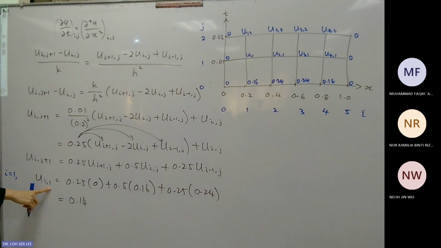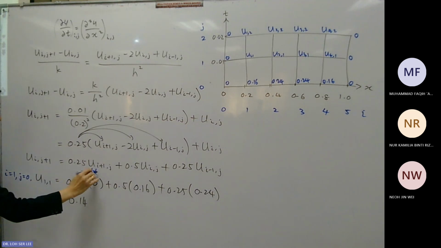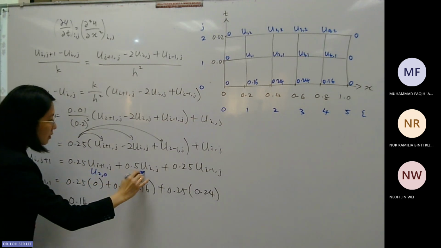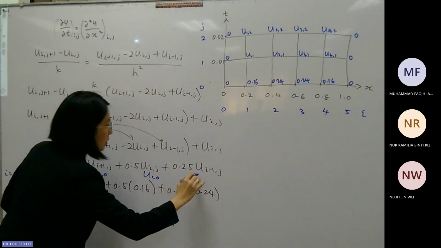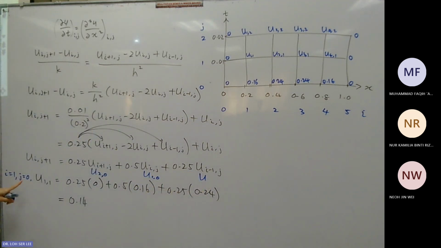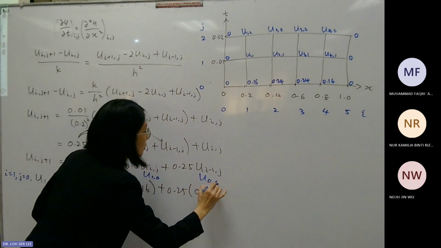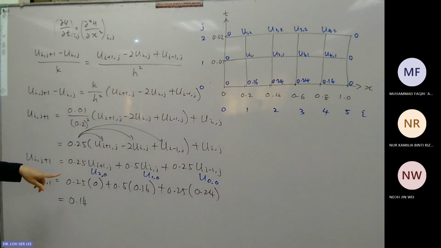What is your j? 0. Because j plus 1 equals 1, then your j is 0. So when j is 0, you get this one. i is 1, that's 2, 0. This is 1, 0. This is i minus 1, 1 minus 1, 0, 0.